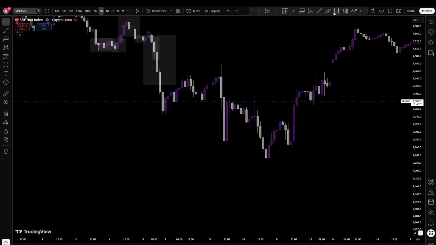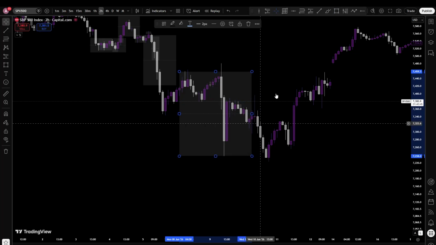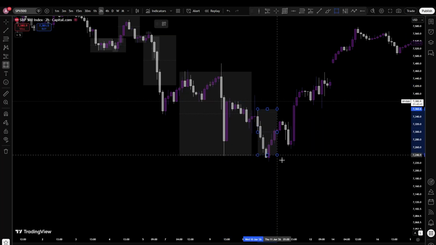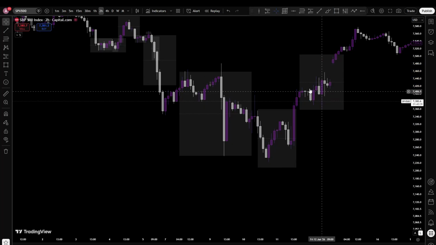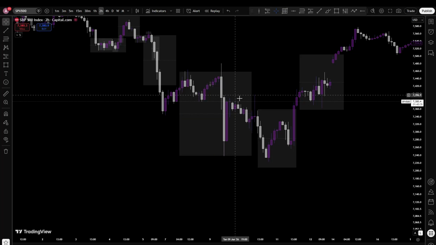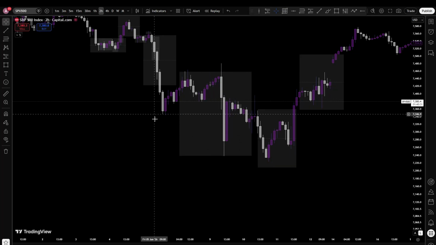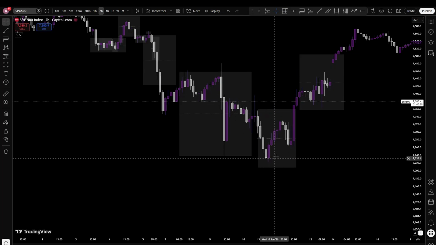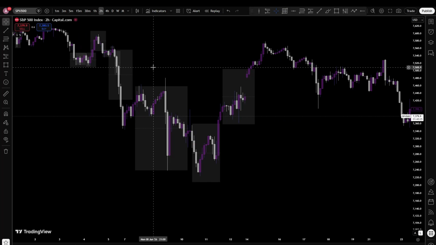Again we can call this accumulation, after that some manipulation here, and the distribution, which is not really nice because this movement was very sharp. Even if it was very sharp, this was on range. After that we got the manipulation phase and the distribution phase to collect this high here.